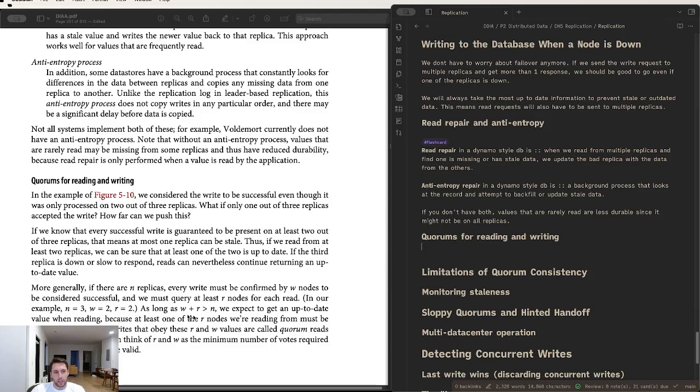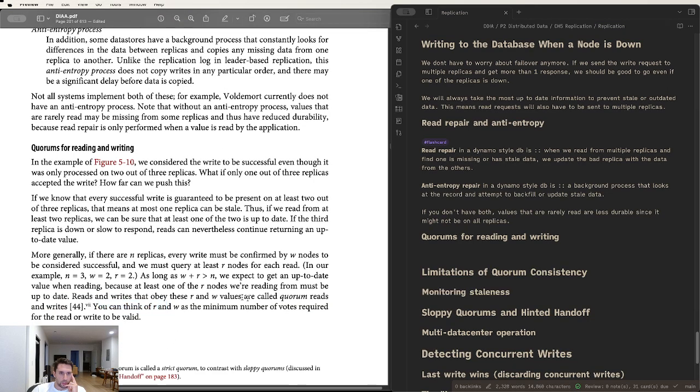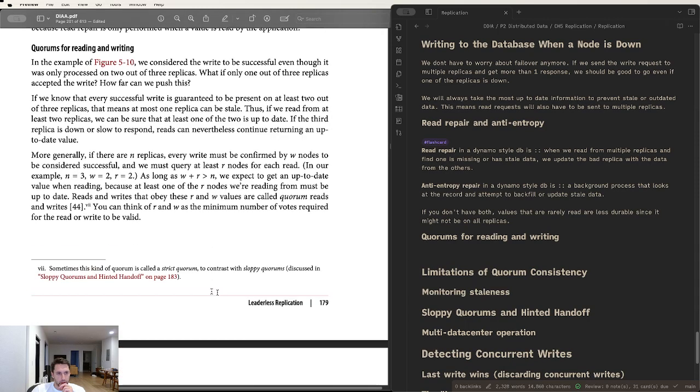That's because at least one of the R nodes we're reading from must be up to date. Reads and writes that obey these rules are called quorum reads and writes. You can think of R and W as the minimum number of votes required for the read or write to be valid.